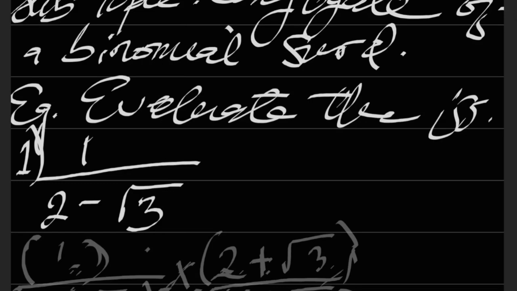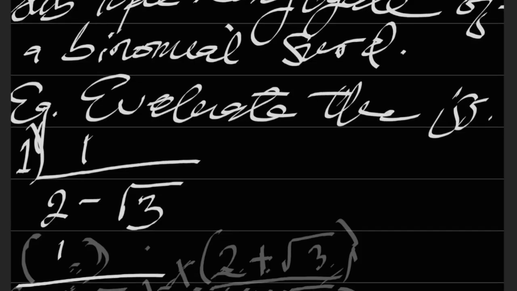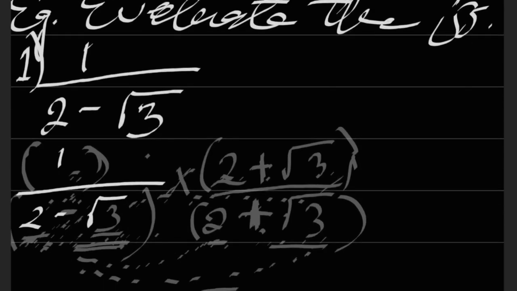So if we look at the denominator, we have 2 minus root 3 there. We are going to work on the denominator, and that's what makes it to be a conjugate. So let's recopy this question. 1 over 2 minus root 3.